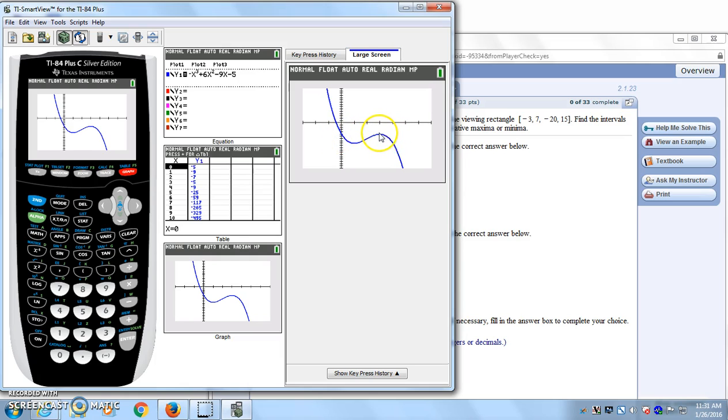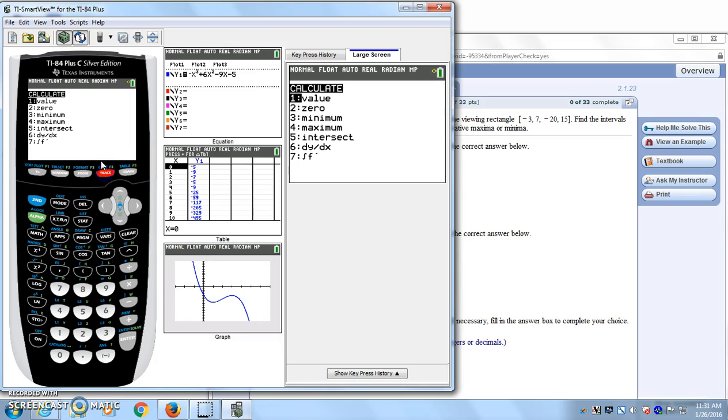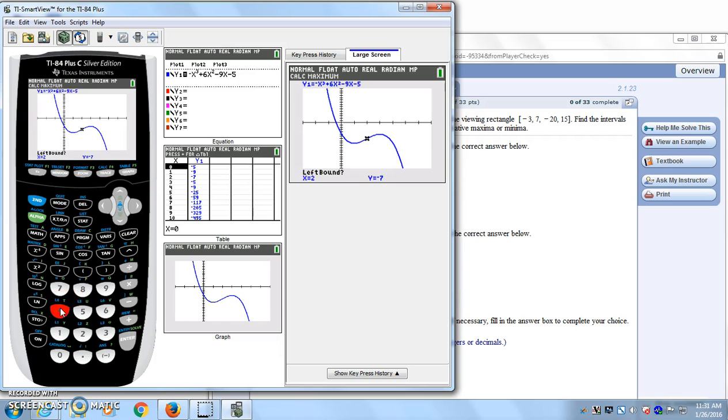So you could always ask the calculator to figure that out for you if you go to calc. And if you see on this calculator specifically, it's in blue above the trace function. So if you need the calculator to help you out with that, you can go to second trace, which is the calc, and option number 4 says find the maximum. So I can choose option number 4.